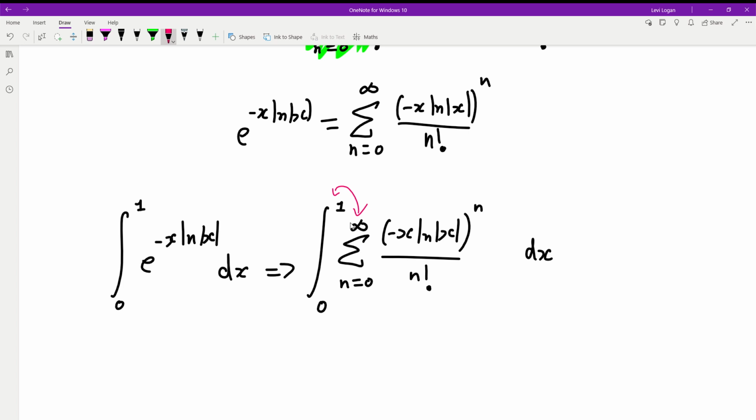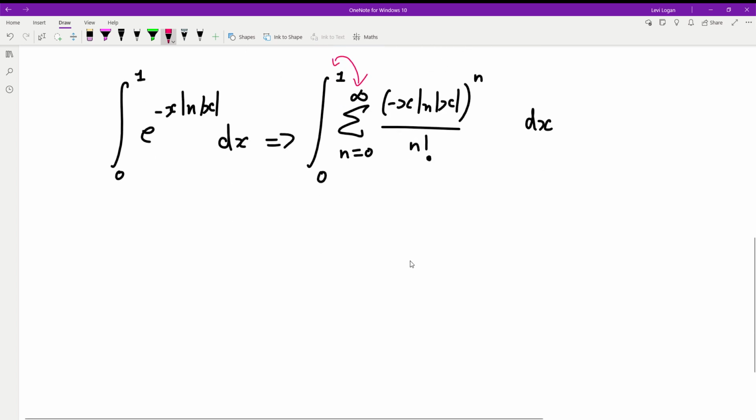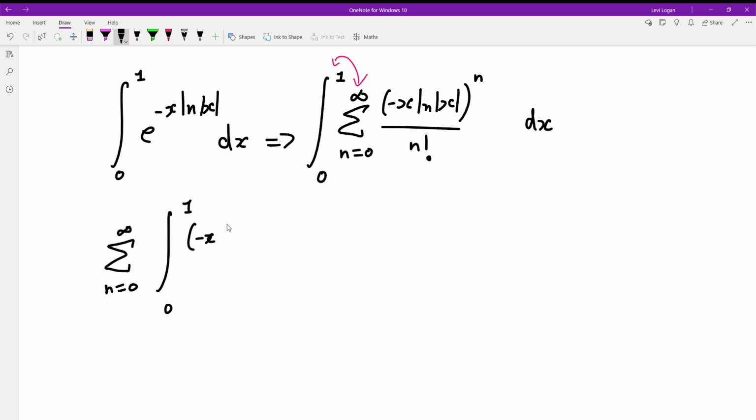Because you can't always switch the integral and the discrete sum, but in this situation you can. So we can rewrite it as the infinite sum from n equals 0 to infinity of the integral between 0 and 1 of negative x natural log of x all to the power of n on n factorial dx.